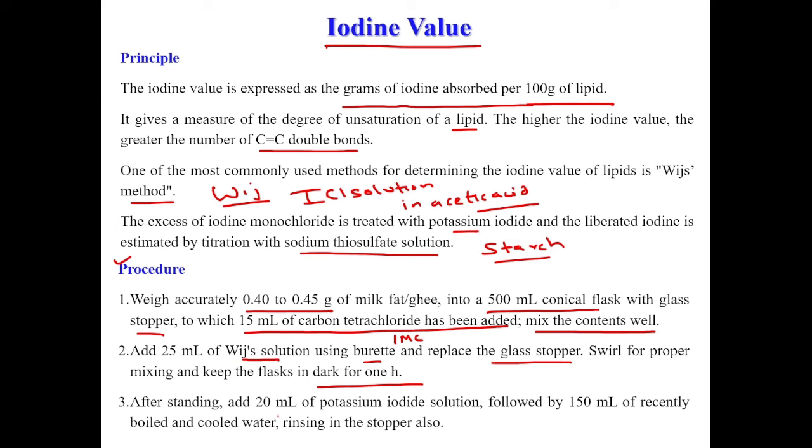Now after the 1 hour in the dark is complete, take out the flask and add 20 ml of potassium iodide solution, followed by 150 ml of recently boiled and cooled water, rinsing the stopper also. This potassium iodide will release the iodine.